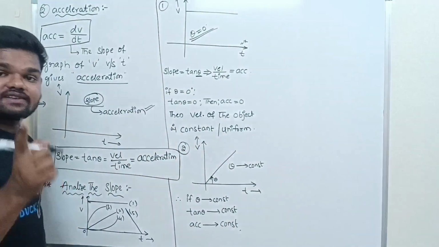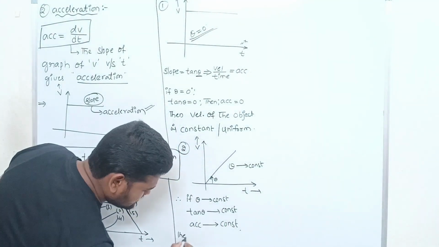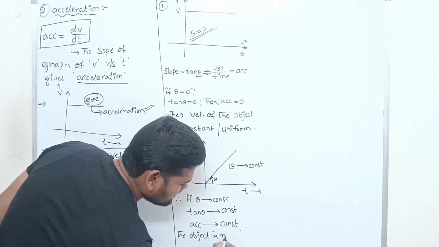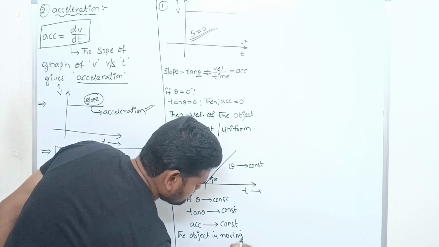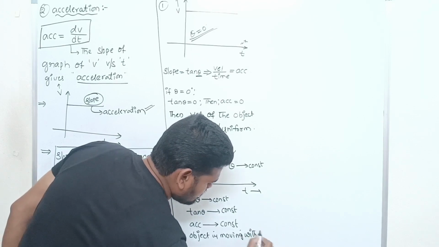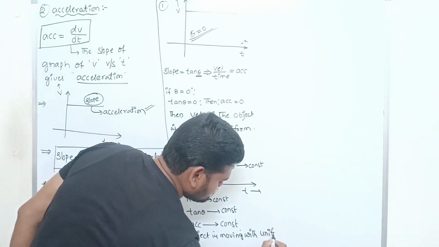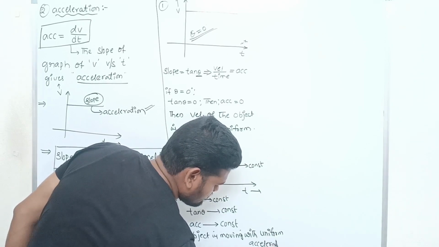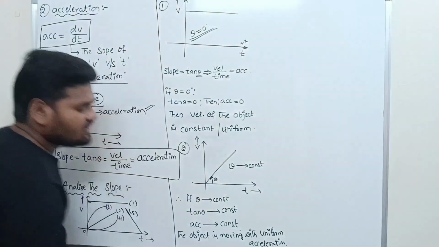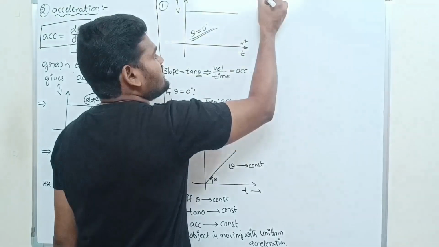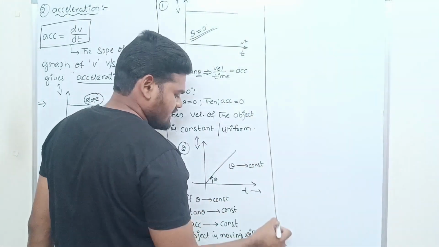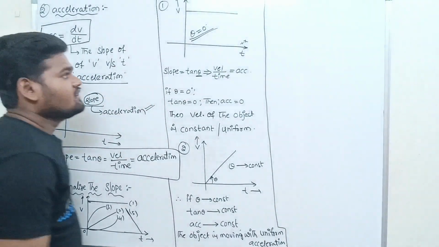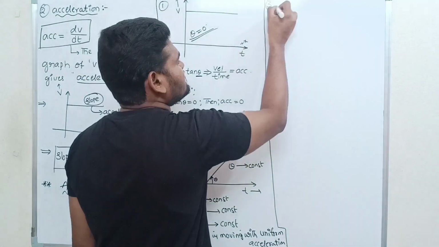So acceleration is constant means the object is moving with uniform acceleration. In given intervals of time, the acceleration of the object remains the same. Right. So let us see the third one.